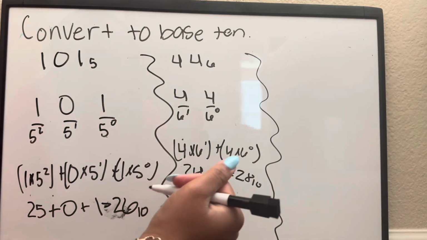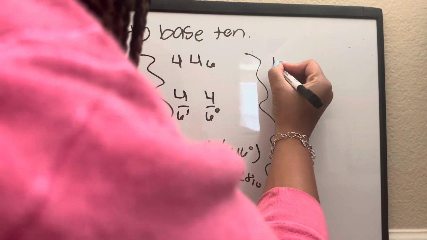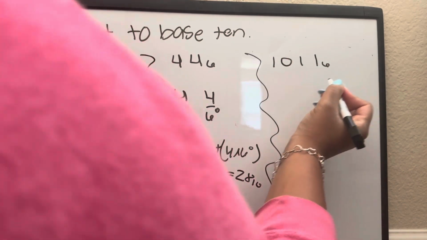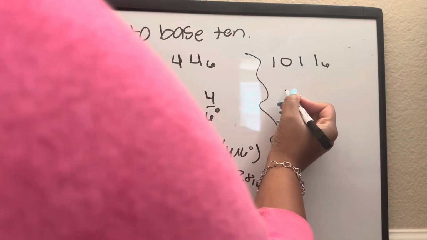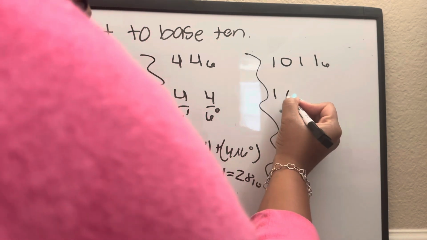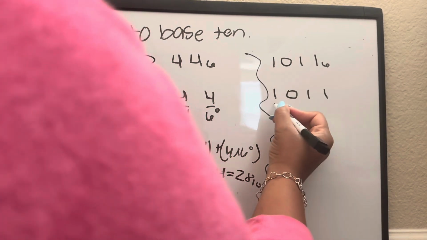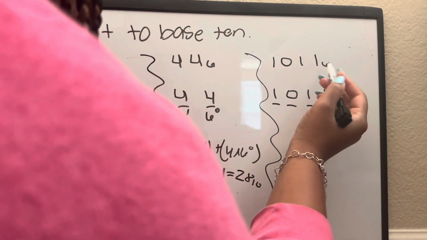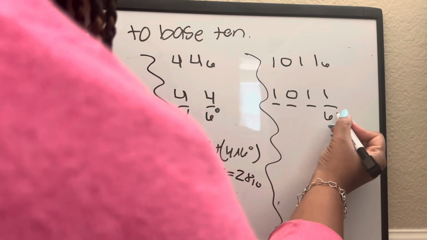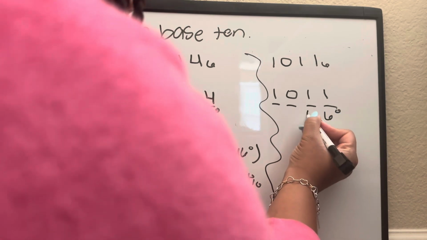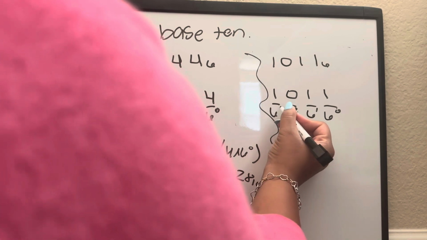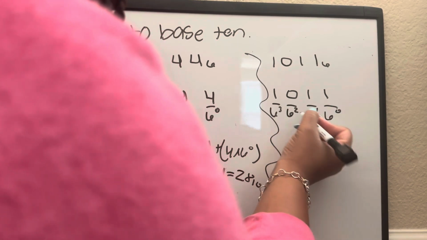Another example we can do. With this example, we want to write out the number that we are given. And then since we have the base of 6, we're going to do 6 to the power of 0, 6 to the power of 1, 6 to the power of 2, 6 to the power of 3, just working our way up.